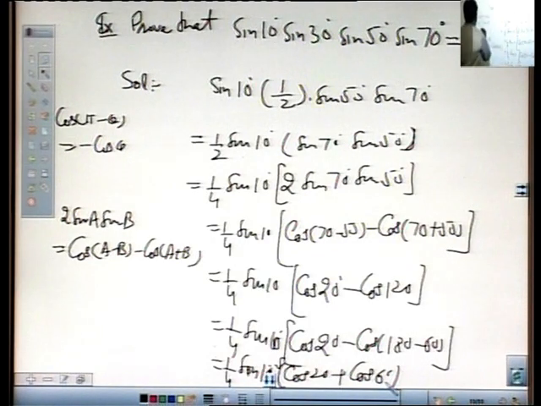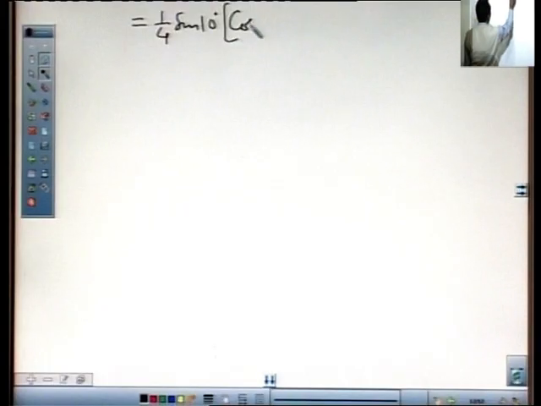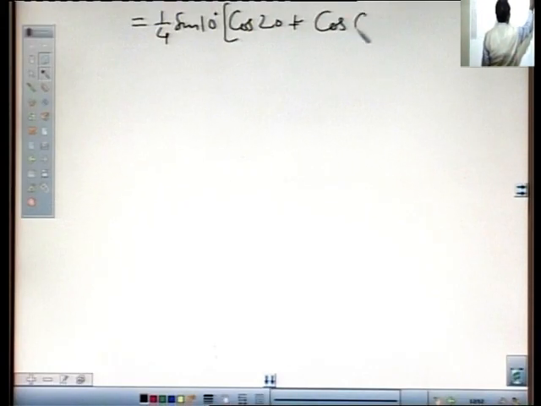On the next page, this equals 1 over 4 sin 10 into cos 20 plus cos 60.